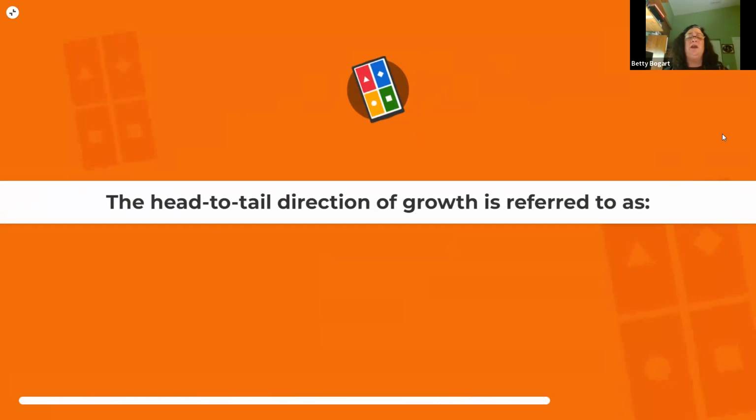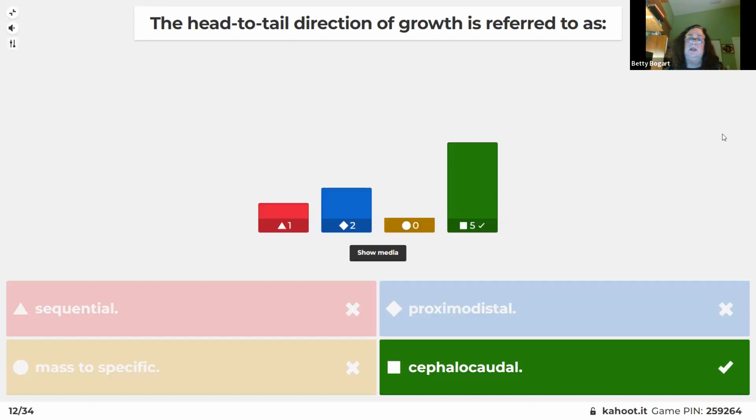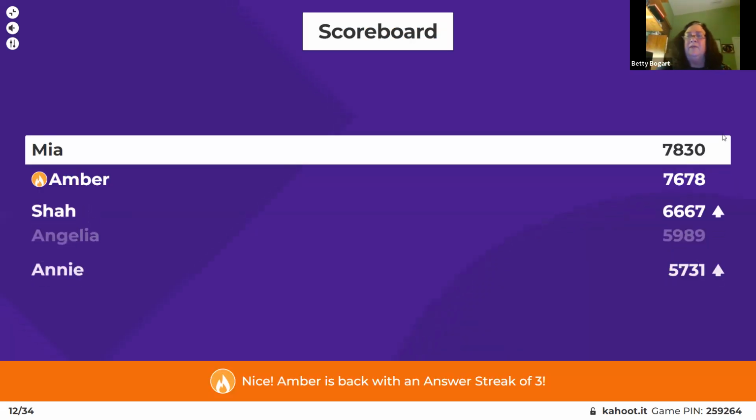The head to toe direction of growth is referred to as head to tail. And that is called cephalocaudal, cephalic head, right? Caudal to the feet. So it's going to head up and then to walking, cephalocaudal.